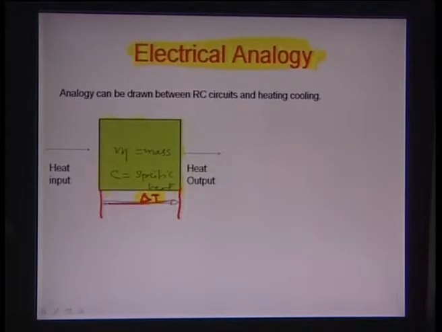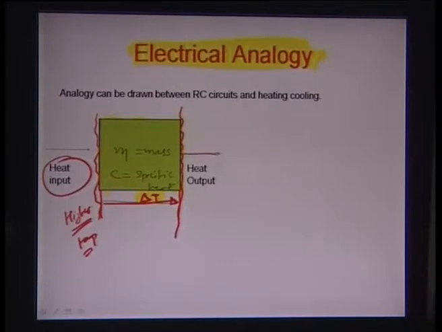This may be on a higher side of temperature, and obviously because this side is at a higher temperature, there should be a heat flow from one end to another. So there is a heat input across this end. This is the surface with a higher temperature, and there is a heat output from this particular surface. This is the surface with a lower temperature, the difference being about delta T.